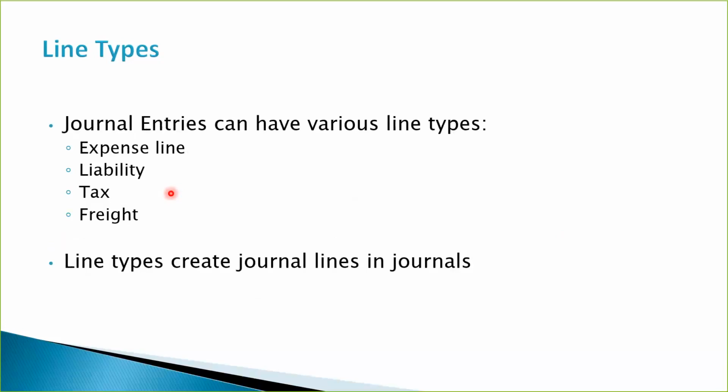We know that the expense line will be debited, because when you're increasing your expense, you're debiting it. So that's a debit line. And the liability account will be credited, because when you're increasing your liability, you credit it. That is logic that's determined by the line type.